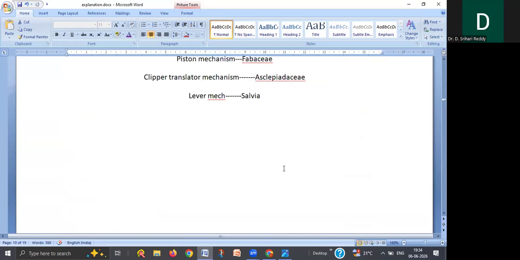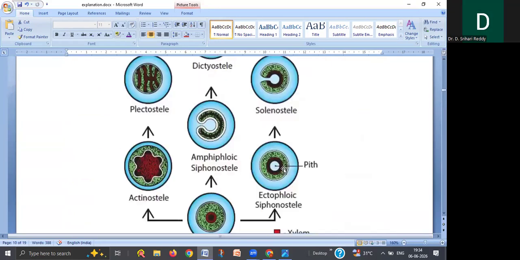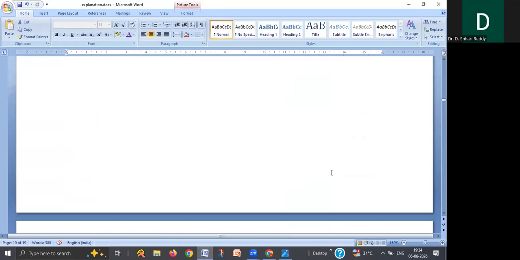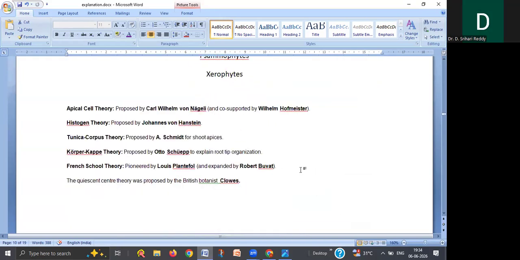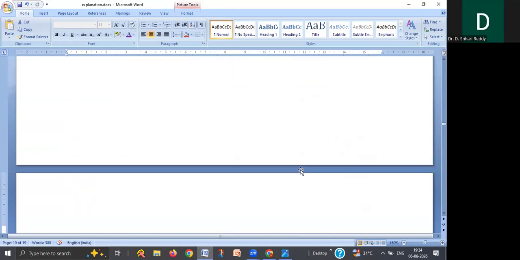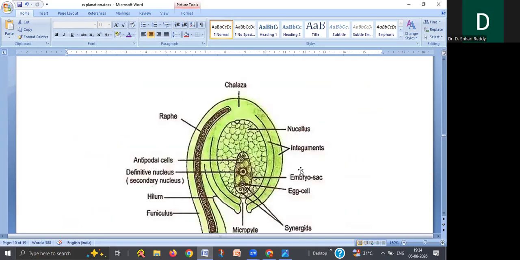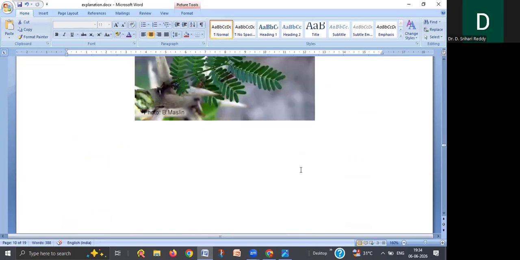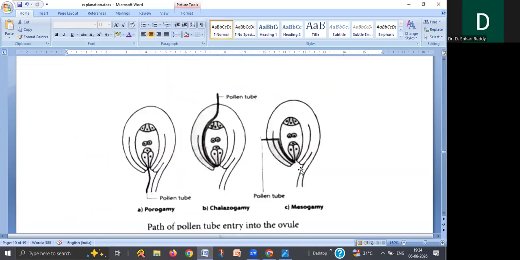So somewhere I have kept the diagram for you. Here you see this is the ovule and here the pollen tube enters into the embryo sac through the micropyle. That is a pore, and it is called porogamy.